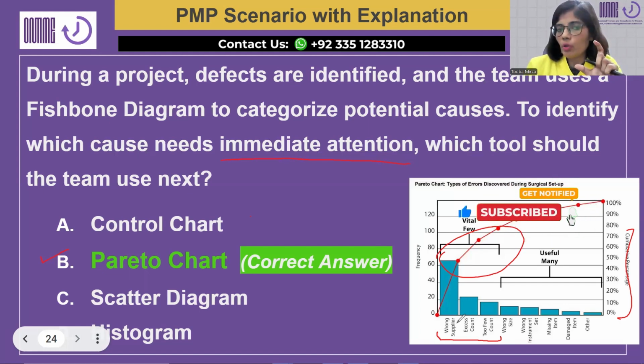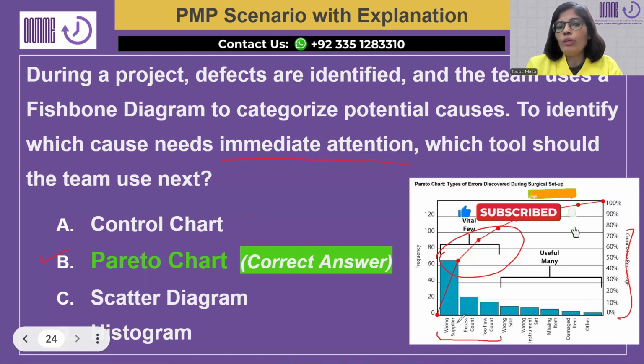Your 80% of the problems or issues would be resolved if you focus on around 20%, not really hard and fast 20%, but around 20% of the causes. If your focus is on these 2 to 3 main heads, then around 80% of the problems or issues or defects are going to be resolved. So this is the Pareto principle, which the Pareto chart applies.